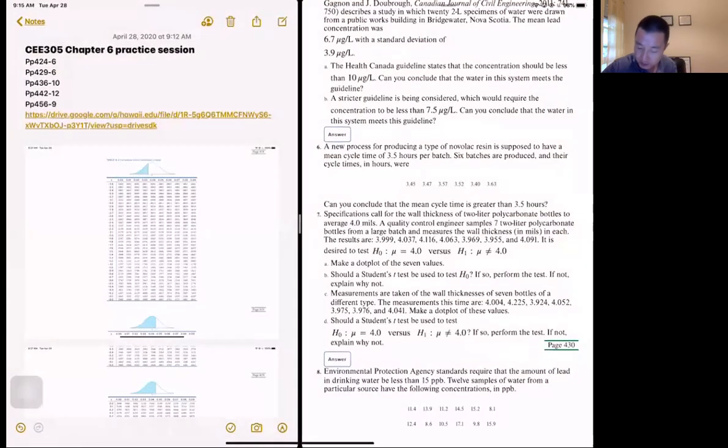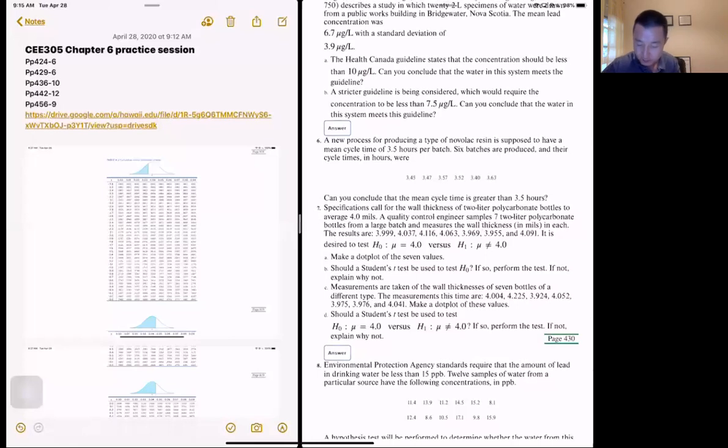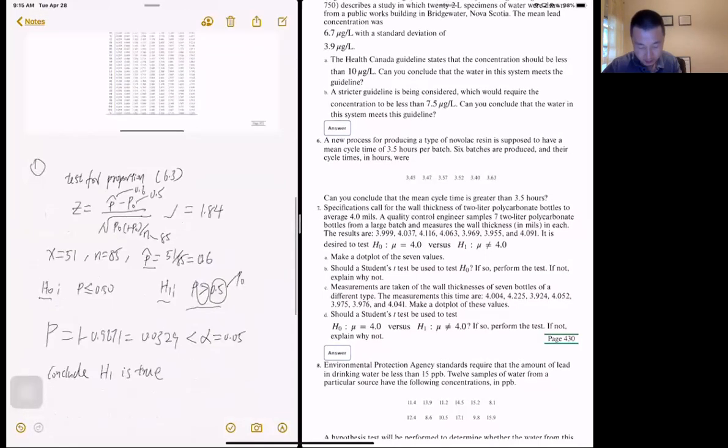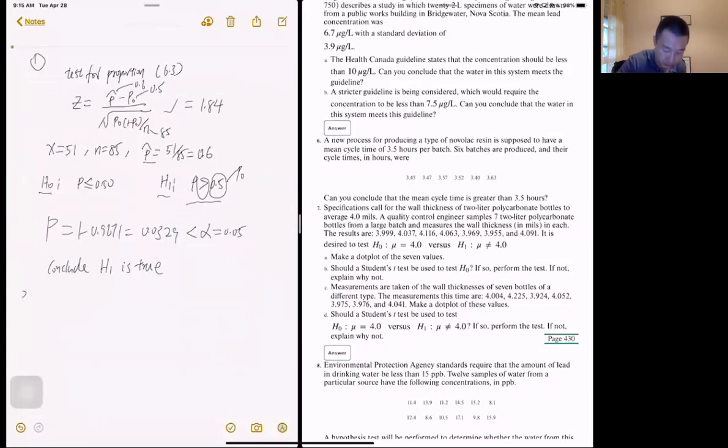So let's go back to the question. This is the small sample test for the population mean, equation 6.4. So the t-score is this, with degrees of freedom equal to n minus 1.